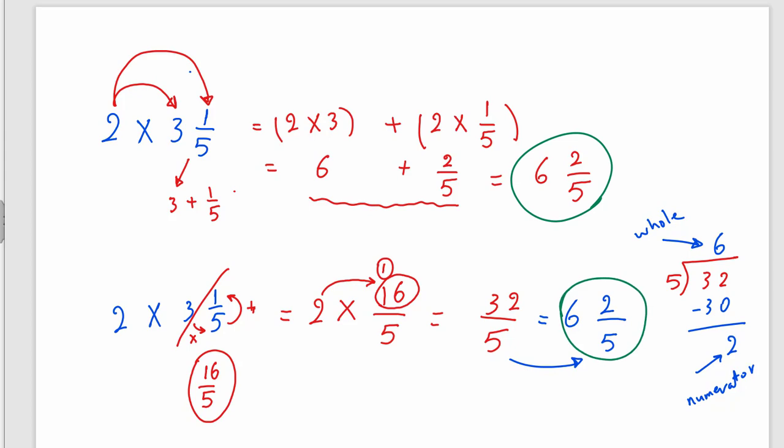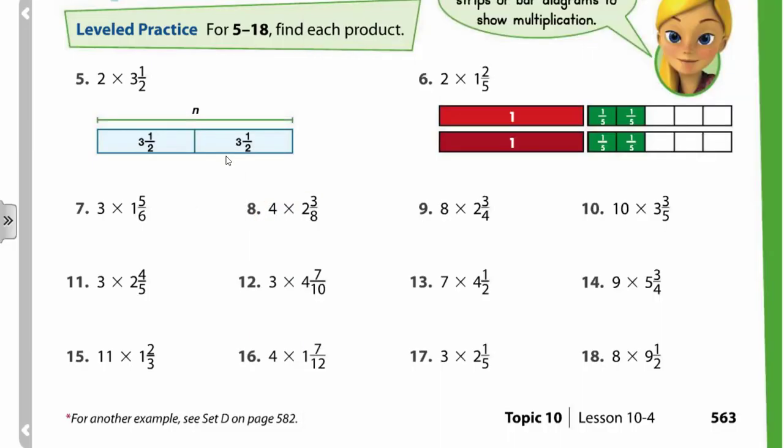Okay, now let's go to the book and solve the questions. Someone tell me what page is this? 563.